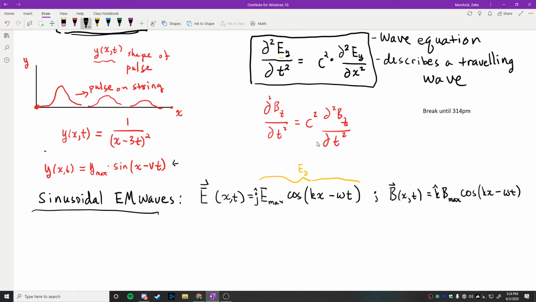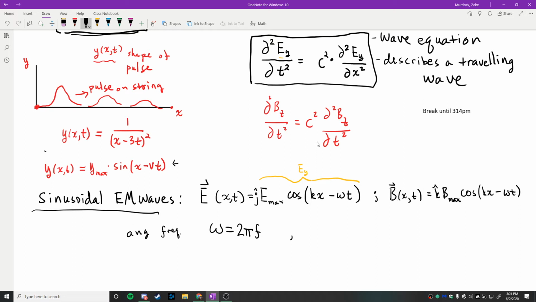And within these definitions right here, omega is basically the kind of angular frequency of the wave, which means it's equal to 2 pi times the frequency. So this is the frequency. Specifically, this represents the angular frequency, the omega does. And then f is just the regular frequency.